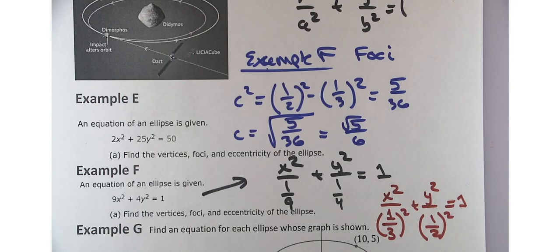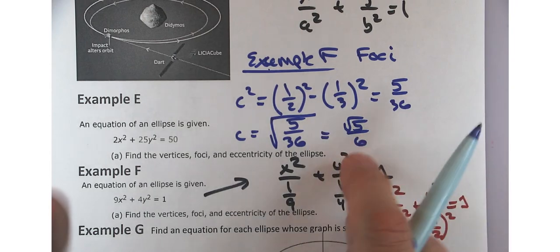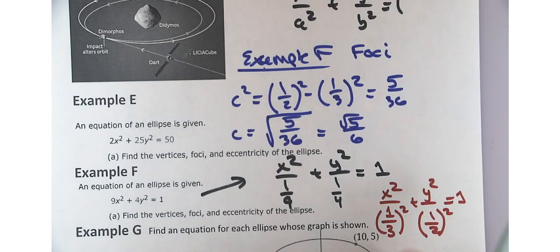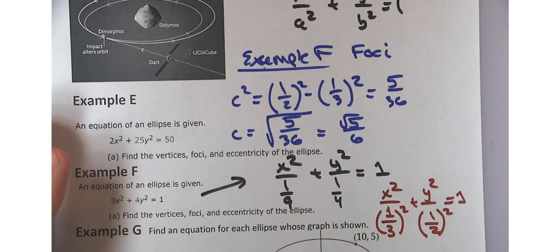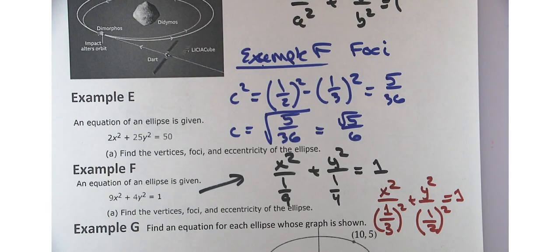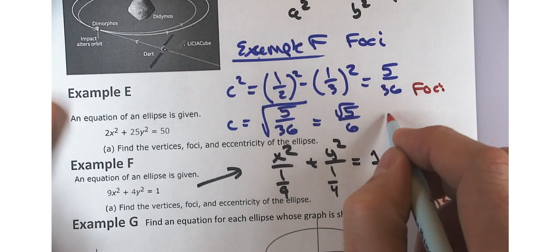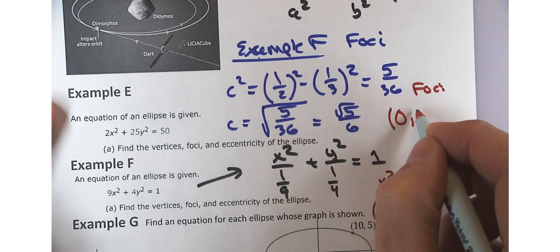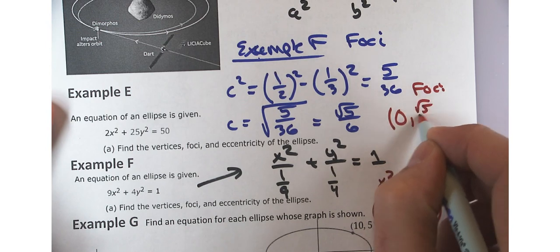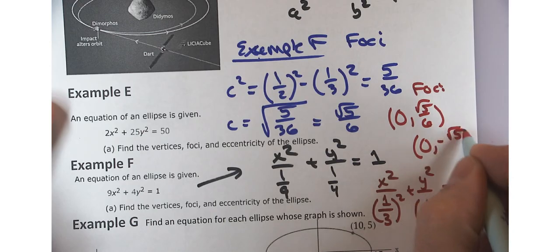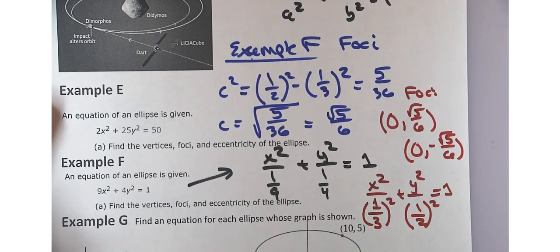So our foci are going to lie a distance of square root of 5 over 6 above and below 0, 0. So our foci are going to be at 0 and square root of 5 over 6, and 0 and negative square root of 5 over 6. So those are where my foci are going to lie, for example F.